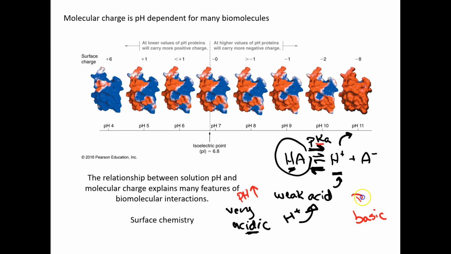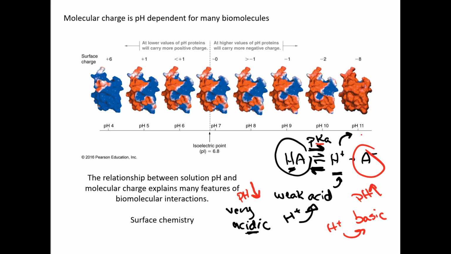In this case, the pH is lower, therefore more acidic. In this case, the pH is higher, therefore more basic than the pKa. Then the acid will act as the acid, donating its proton to the solution, and that will favor the production of the conjugate base.